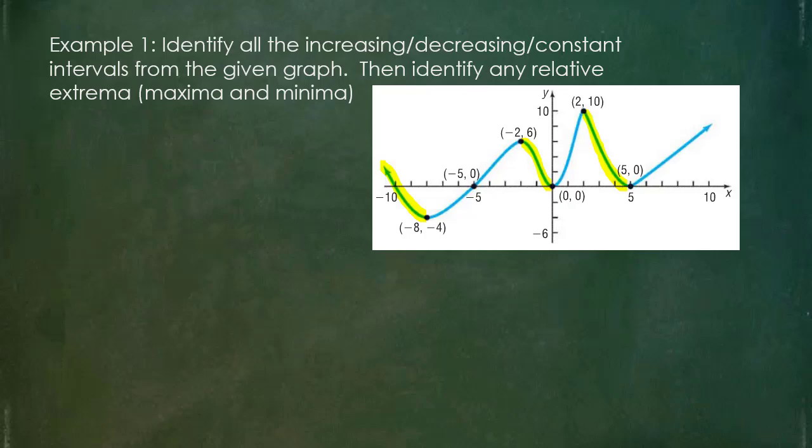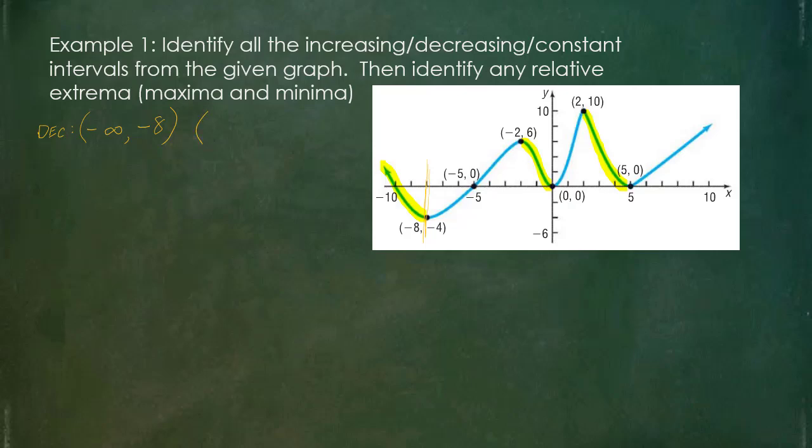So if I were to just list out all of the decreasing intervals, it would be from as far left as possible, because there's an arrow pointed there, until I get to, and ultimately I just list out the x values at which the change happens. So that switch is happening along this line right here. That x value is at -8, so everything below -8, it would be coming down the page.